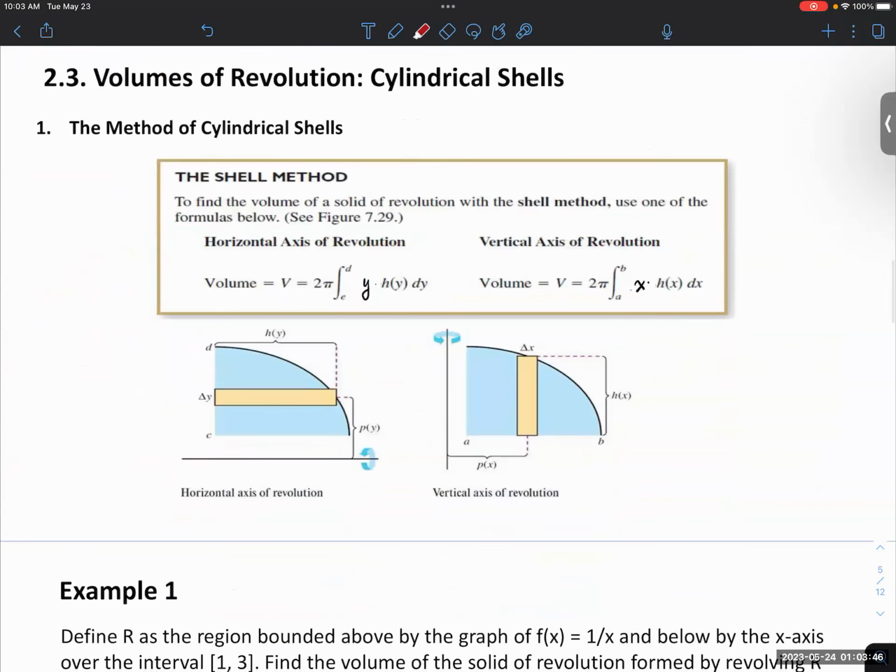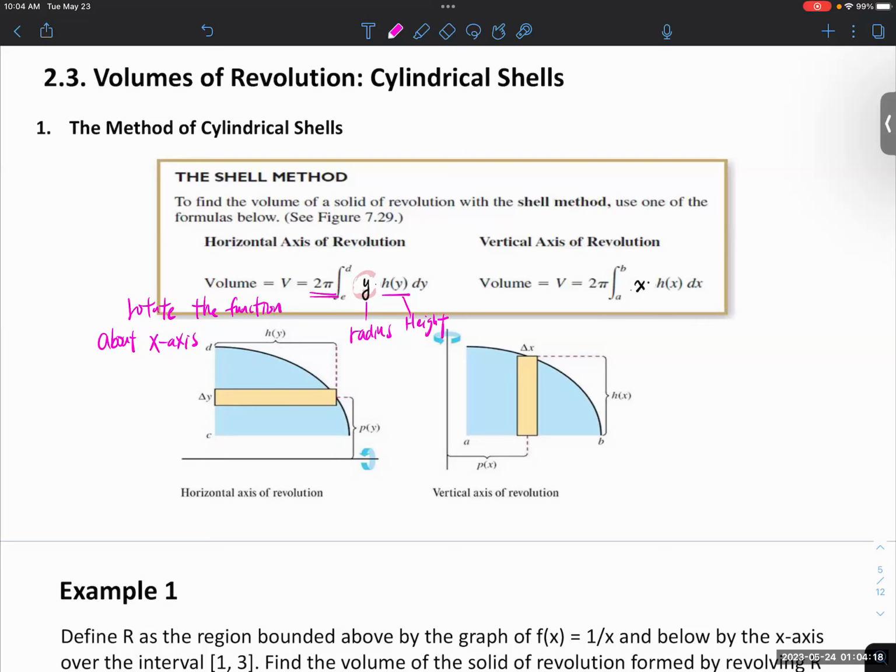So again, if you are going to rotate the function about x-axis, you're gonna find out the radius of the circle on the y. So y represents radius and h(y) represents height.